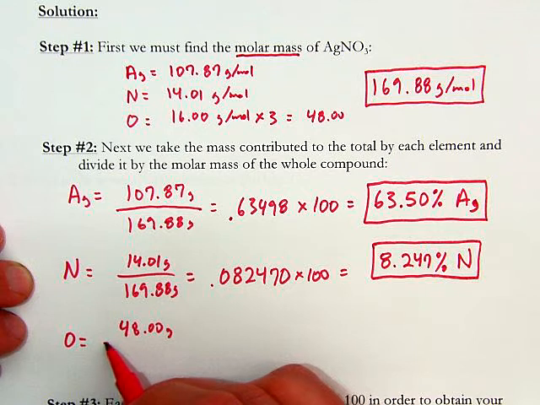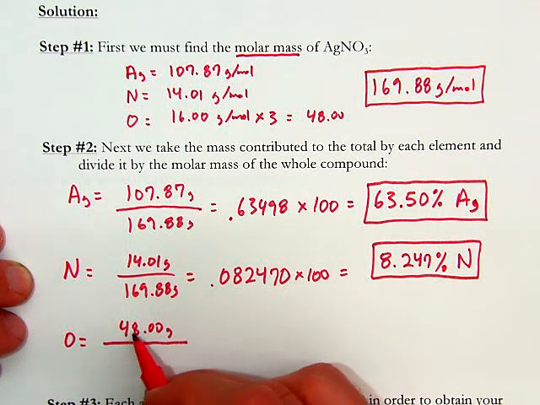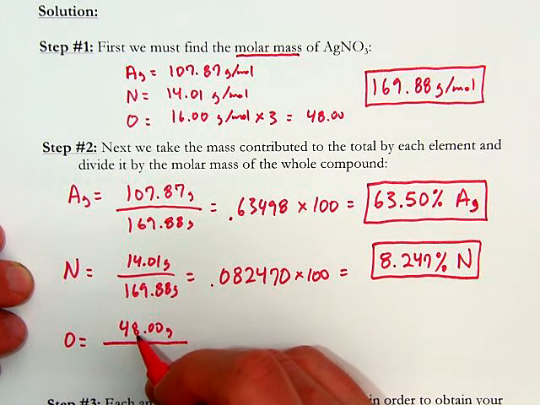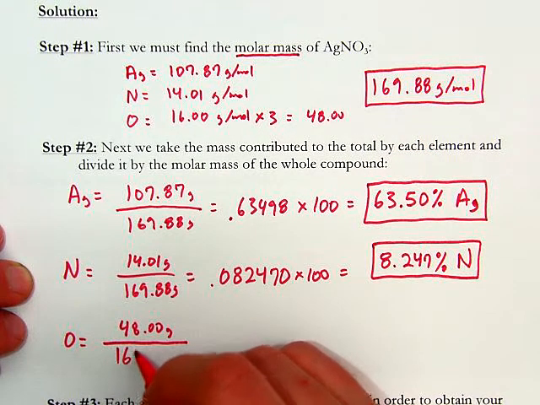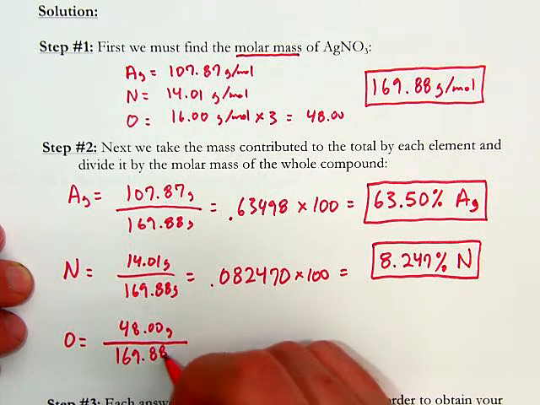That's a way that students mess this up, is they just put the molar mass of oxygen. But there are 3 oxygens, so it contributed 48 of the 169.88. We have to include that.